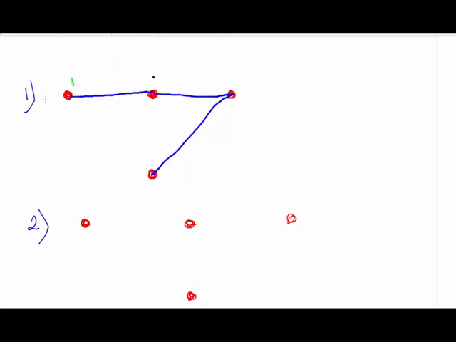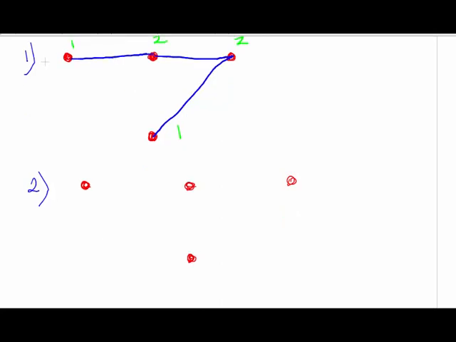Just as a remark, I'm going to write in the degree sequence here. So this is 1, 2, 2, 1. Okay. And in the second case, I'm going to do something very similar. I won't write in the degree sequence here, but I'll just do it a different way. It's essentially connecting it using a different set of nodes in a different way, but the degree sequence will be the same.